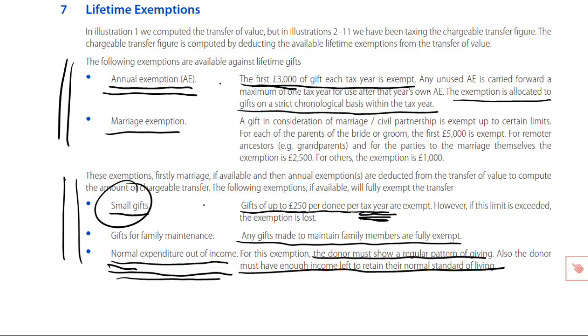Now, whether you do or whether you don't live for those 7 years, if you make a PET first in the tax year, then it will enjoy the use of any annual exemption.